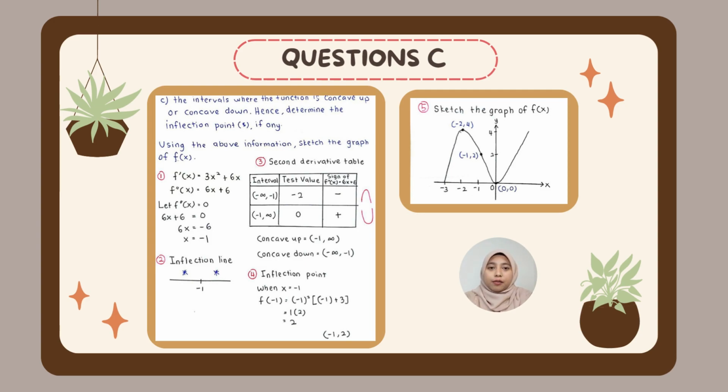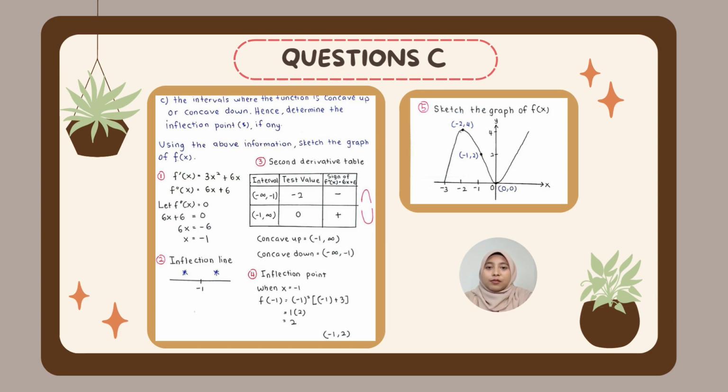For the sign of f double prime x equal to 6x plus 6, we just substitute the test value into the equation to get the negative or positive value. We assume that concave down is negative and concave up is positive. So, concave up is negative 1 to positive infinity, and concave down is negative infinity to negative 1.